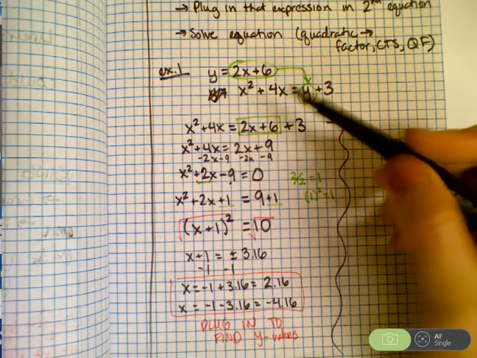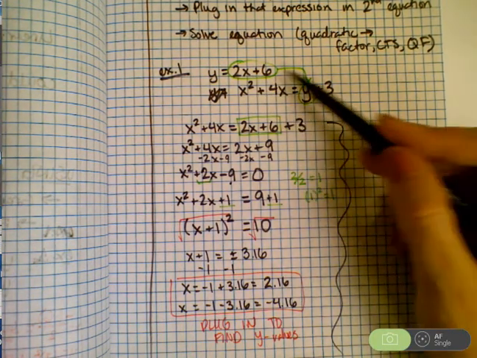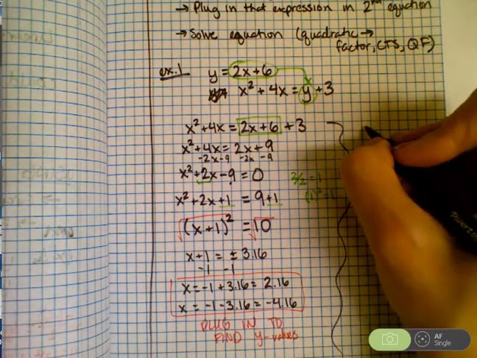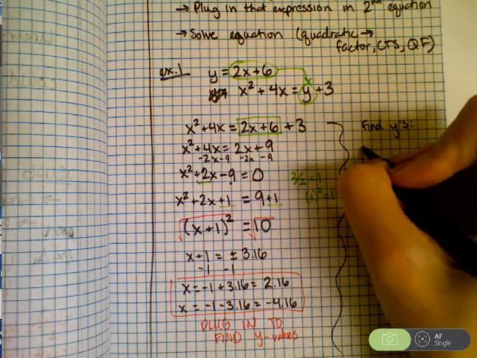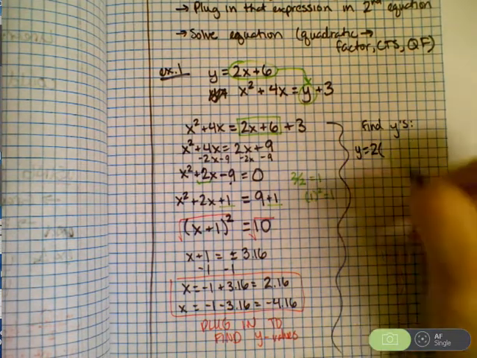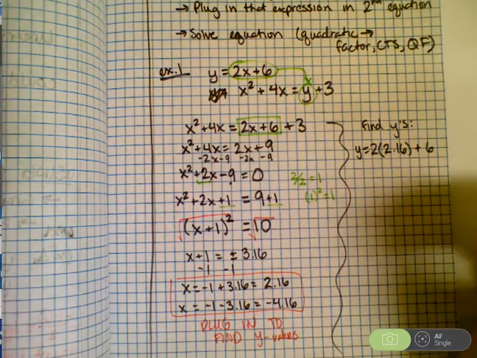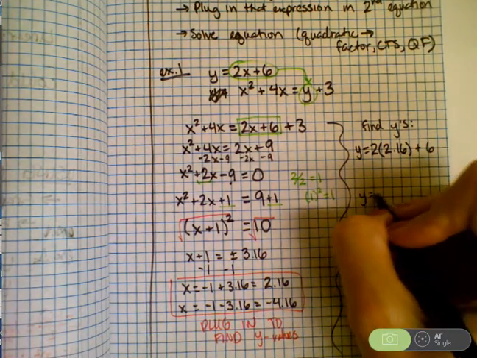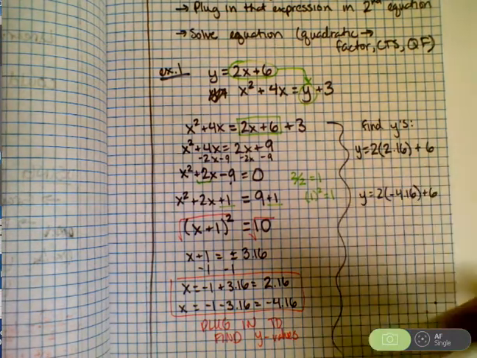Now when I do that step of plugging in to find the y values, I'm going to use the linear equation. It's going to be a lot easier to plug a number in here and get y than it is to plug it in here and have to solve for y. So to find my y's, I do y equals 2 times 2.16 plus 6, and I do y equals 2 times negative 4.16 plus 6.